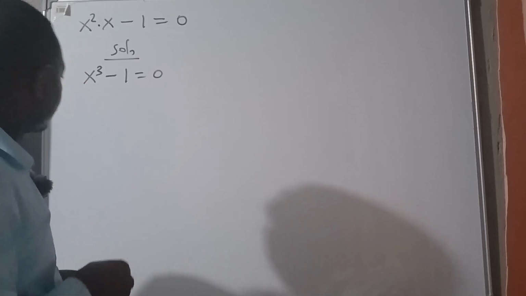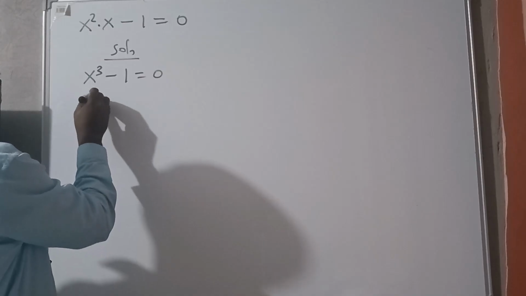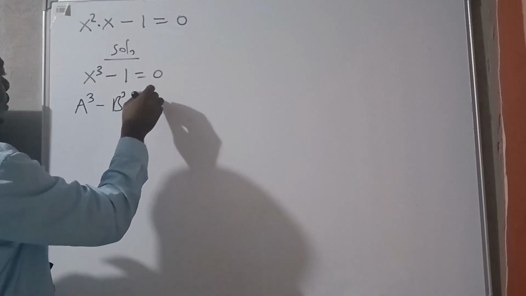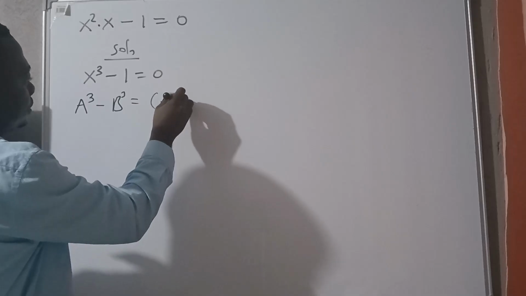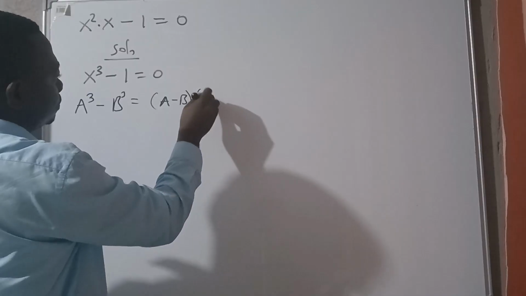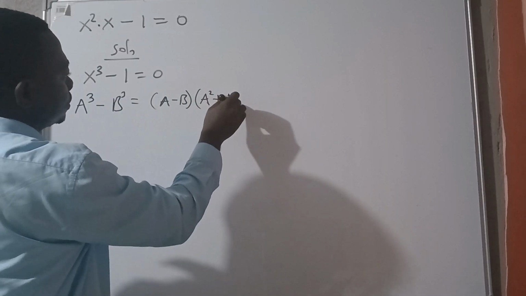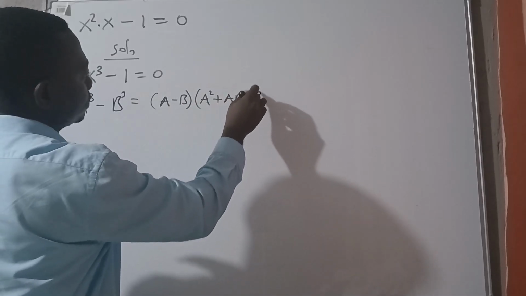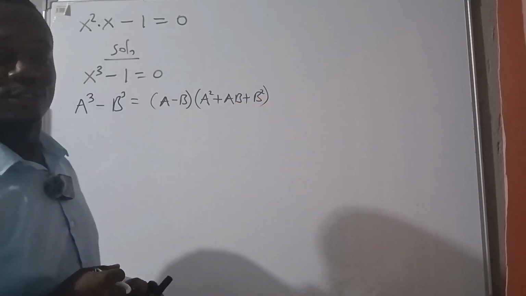All right, so this is difference of cubes, and we have a cubed minus b cubed is the same as a minus b times the square of the first term plus the product of the two plus the square of the second term. That is difference of cubes.